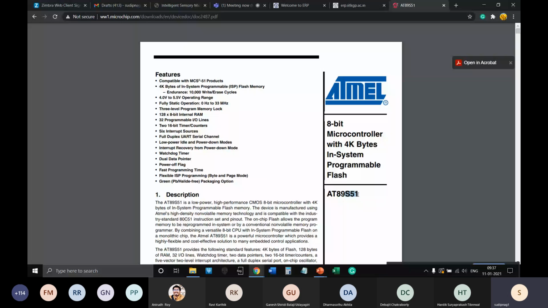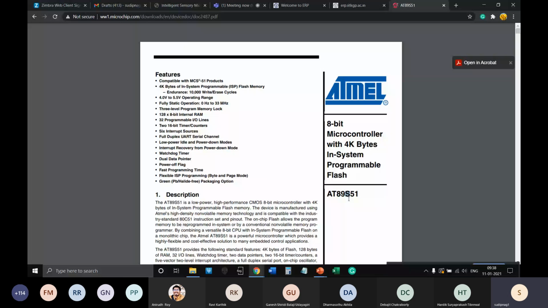And S means in-system programmable, such as if you have worked with any of the modern microcontrollers, you just plug into the USB port of the computer and program it. That is called the in-system programmable feature. So in-system or system-level programming is used here. That's why S. Instead of 0, 9 is used because of the flash version.